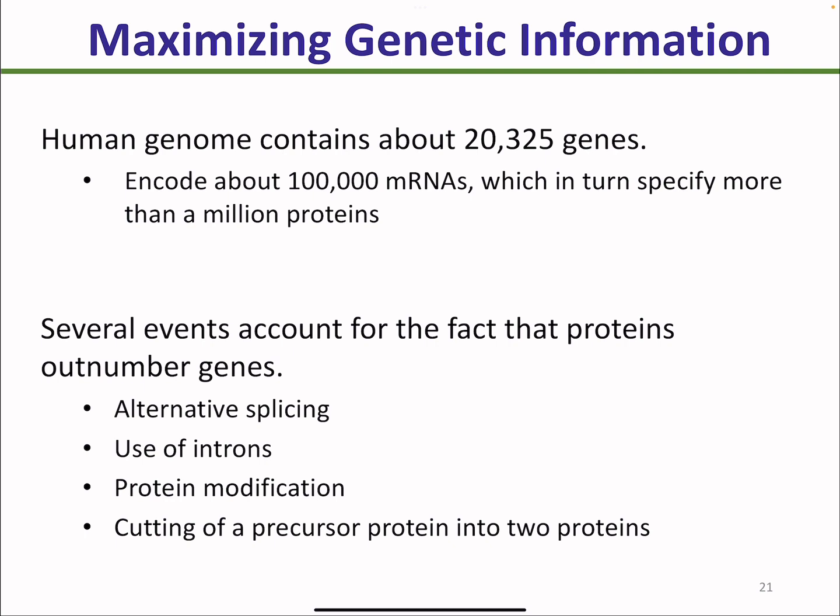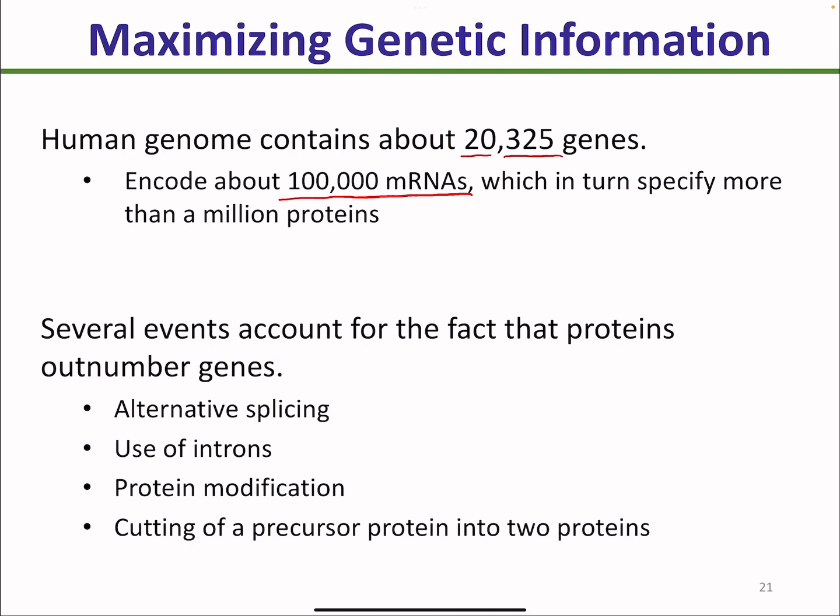Now, when we look at the entire human genome, it contains about 20,325 genes. These 20,325 genes are going to encode about 100,000 messenger RNAs. That's a huge difference between the number of genes and the number of messenger RNAs.